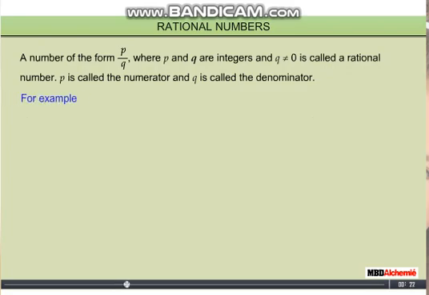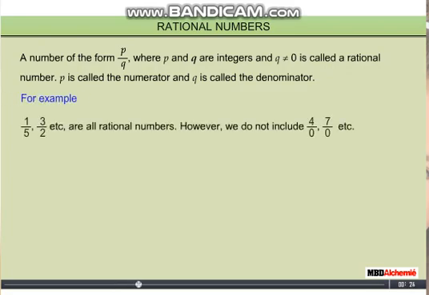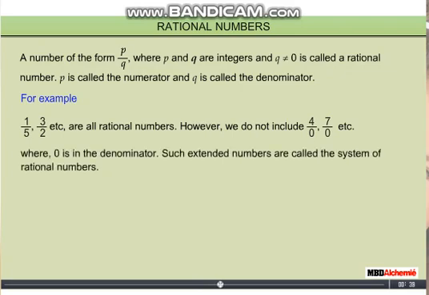For example, 1 upon 5, 3 upon 2, etc. are all rational numbers. However, we do not include numbers like 4 upon 0 or 7 upon 0, etc., where 0 is the denominator. Such extended numbers are called the system of rational numbers.